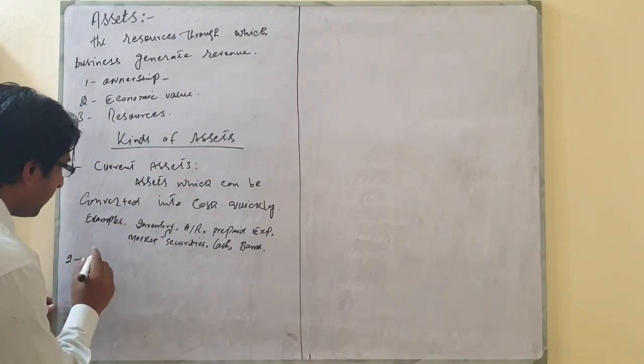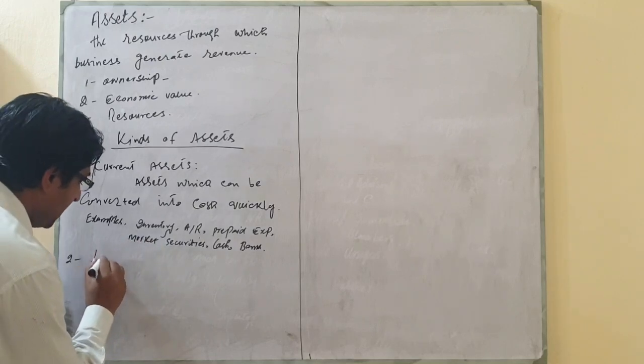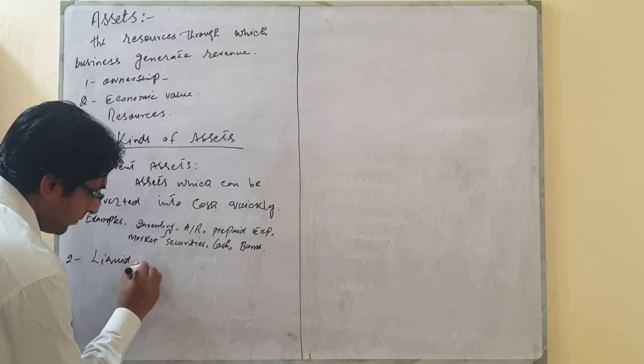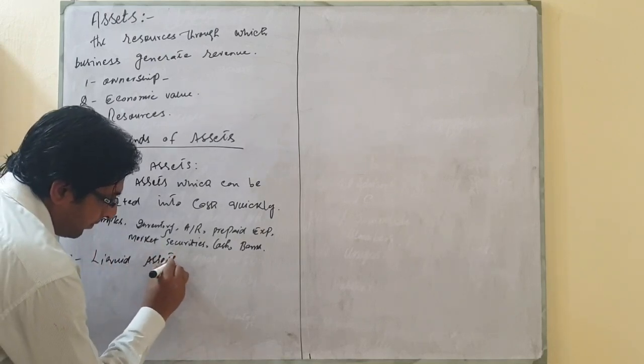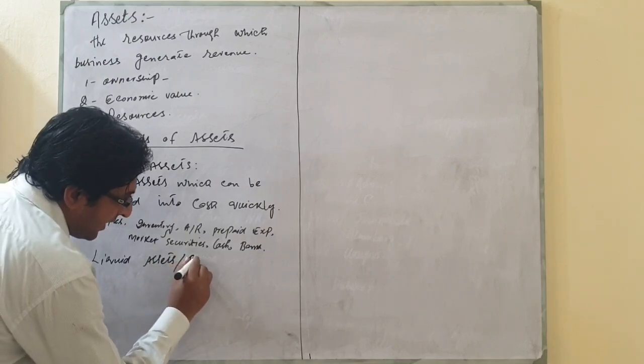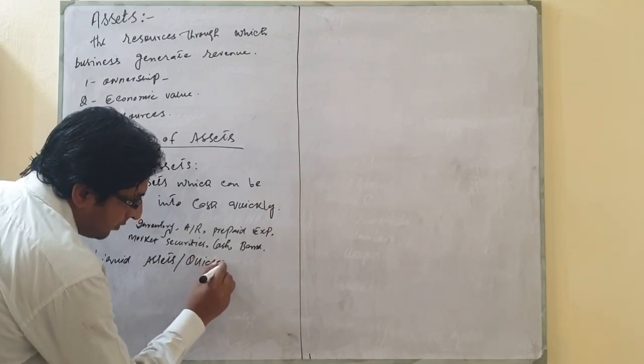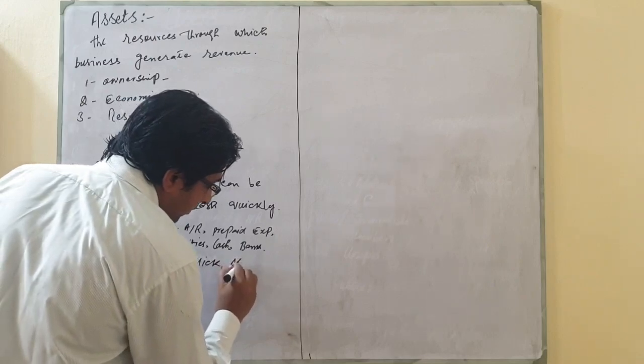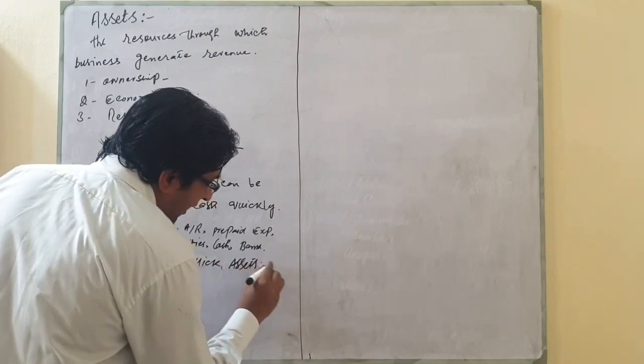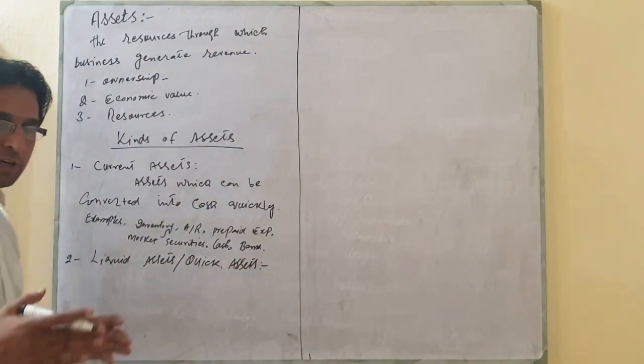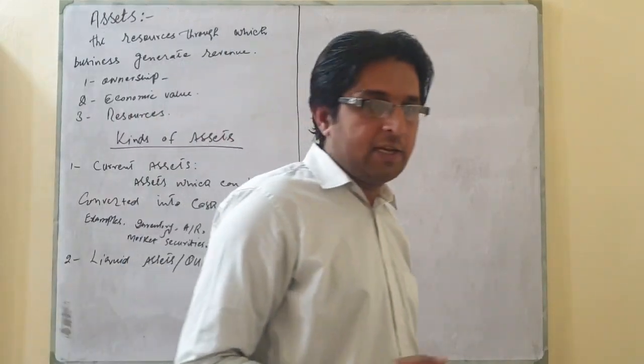Now we move towards second, that is liquid asset, or we say quick assets. What are liquid or quick assets and what is the difference between current assets and liquid assets?